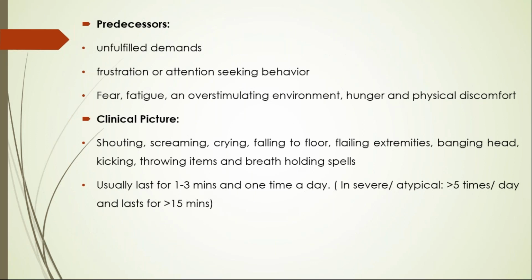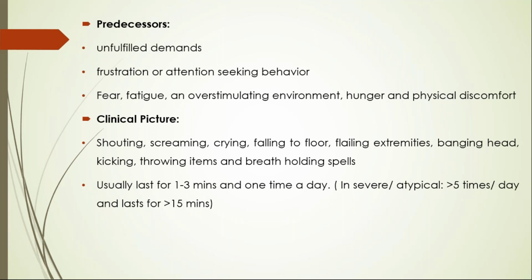Predecessors can be unfulfilled demands, frustration, attention seeking behavior, fear of fatigue, an overstimulating environment, hunger, physical discomfort. So actually this is all a repetition. So I guess how temper tantrums occur, and how the child, if his demands are not met, what the usual temper tantrums are.